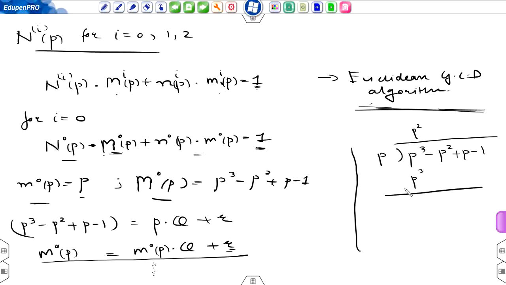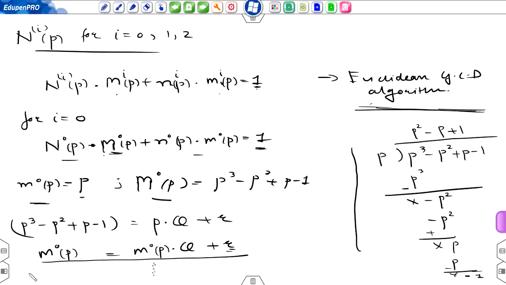Okay, this is minus p square, so minus p square, this is p, so plus 1, and minus 1 is remainder.